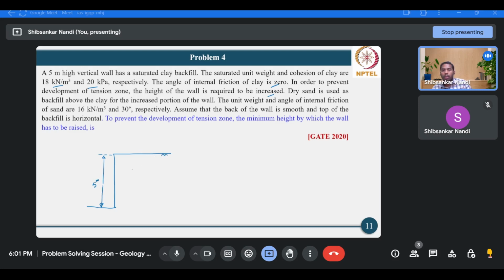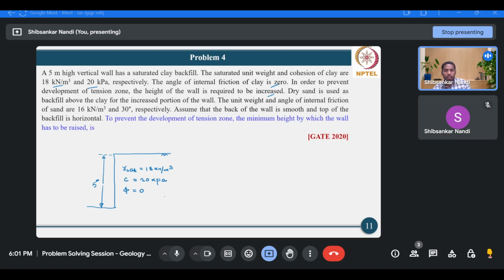And what are the properties? Saturated unit weight is 18 kN per meter cube and cohesion is 20 kPa, and the phi value is 0.